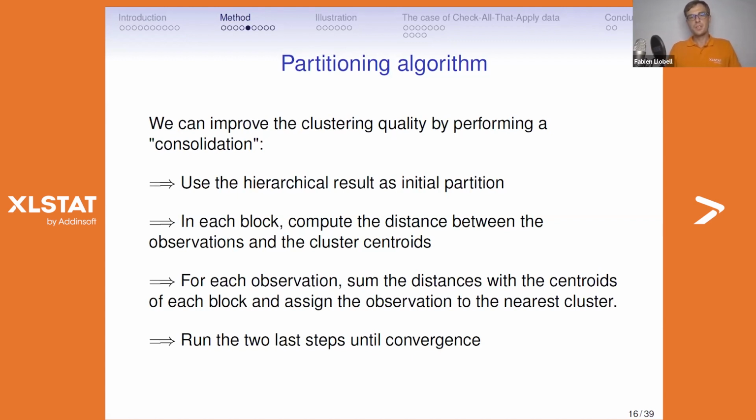The first is, in each block, we compute the distance between each observation and the cluster centroid, and for each observation we sum the distance with the centroids of each block, and after we assign the observation to the nearest cluster. And these two steps can be run until convergence.